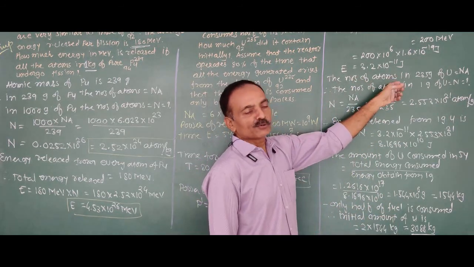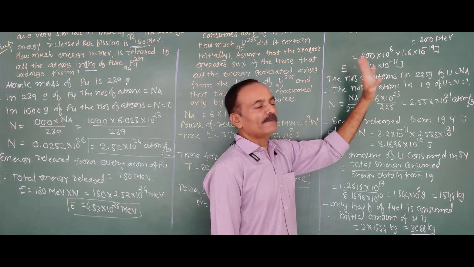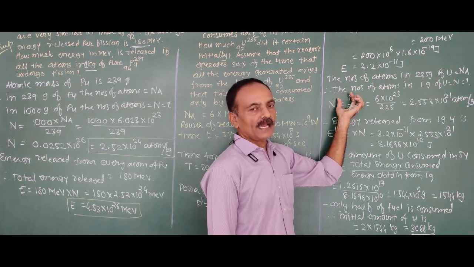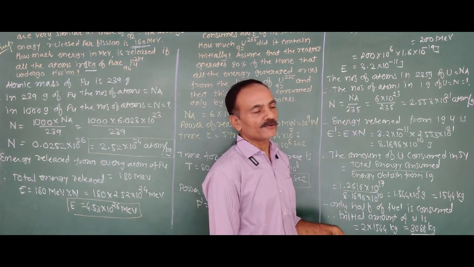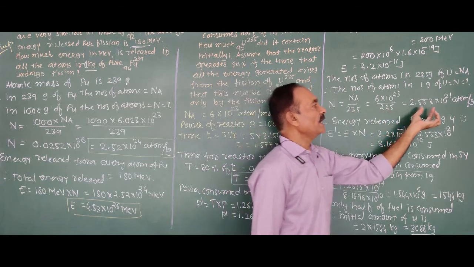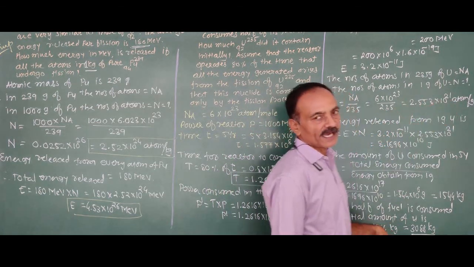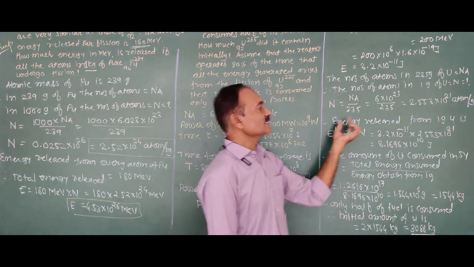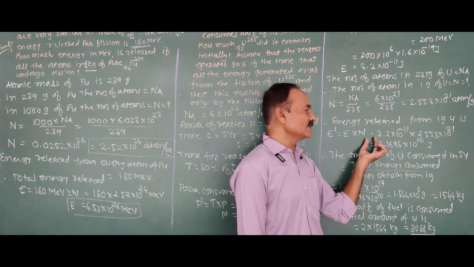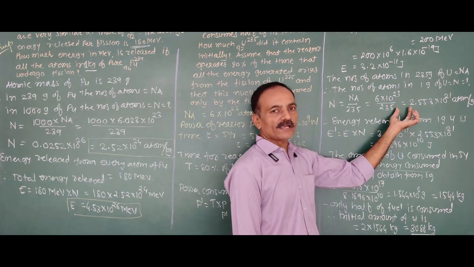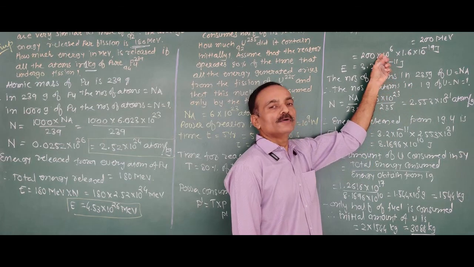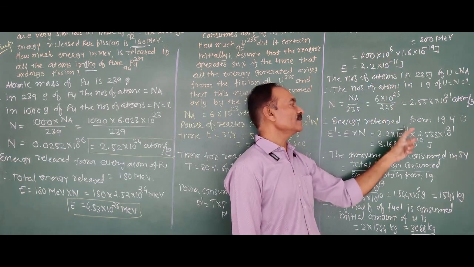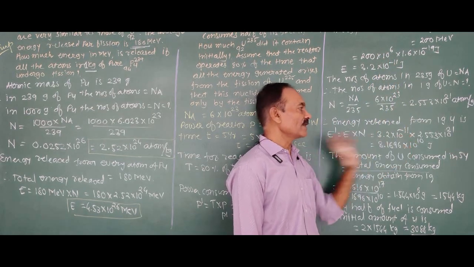Therefore, in 235 gram of uranium, the number of atoms is equal to N_A, and the number of atoms in 1 gram of uranium is 2.553 into 10 to the 21 atoms. Energy released from 1 gram of uranium is the number of atoms in 1 gram into the energy released due to 1 nucleus or 1 atom.